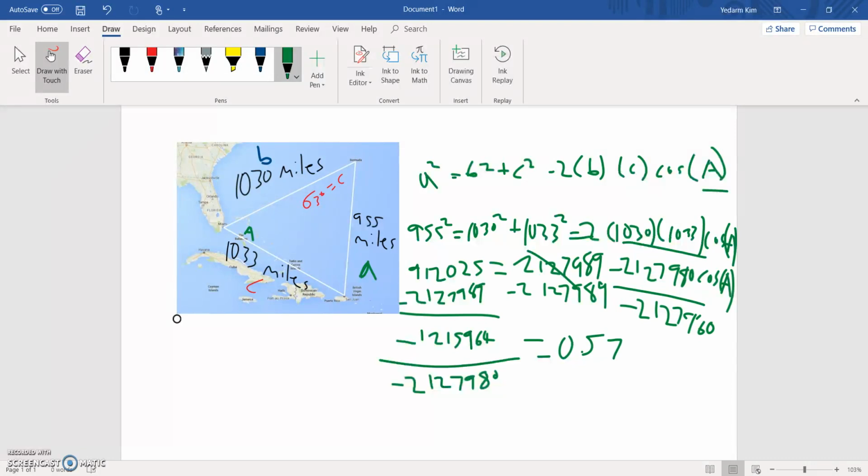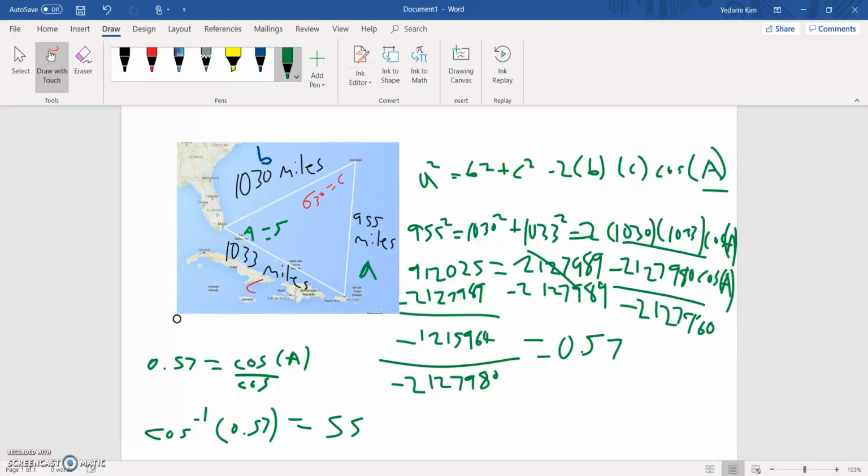Now same thing, if you're left with that, so it'll be 0.57 equals cosine A, divided by cosine, which is inverse cosine. Inverse cosine of 0.57 is 55 degrees.